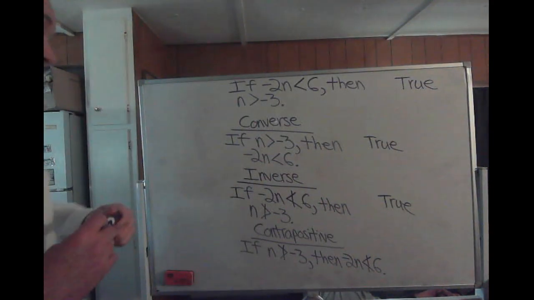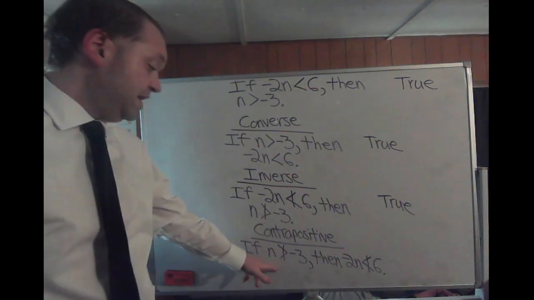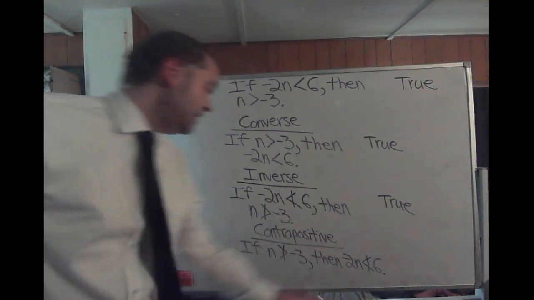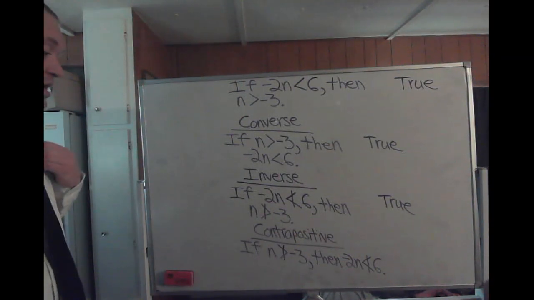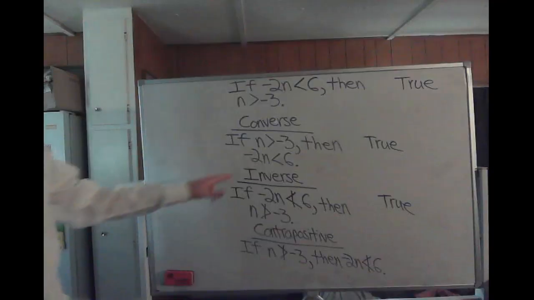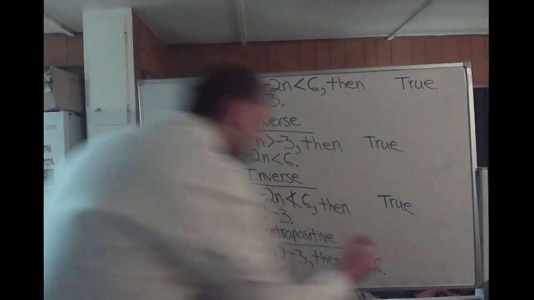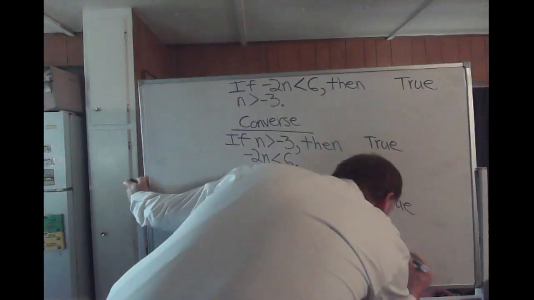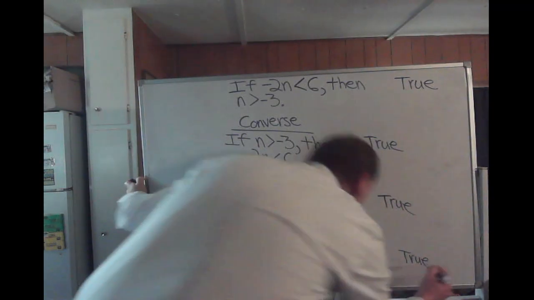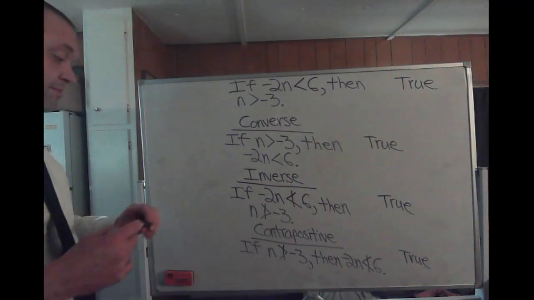Well, we just kind of demonstrated it with the inverse. It holds true with the contrapositive, so we can say the contrapositive of this would absolutely give you a true statement.